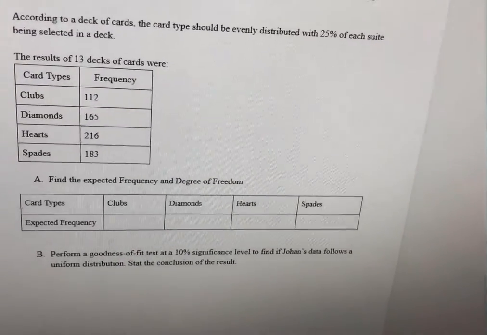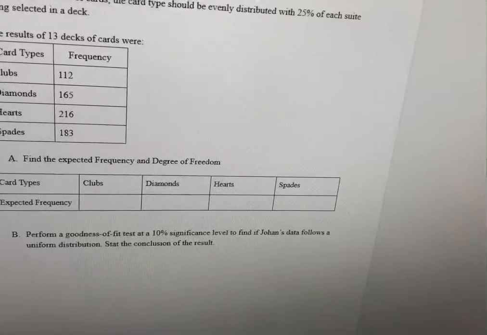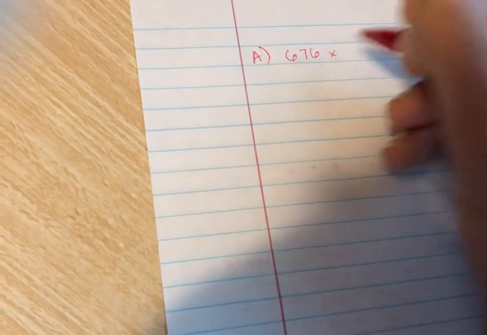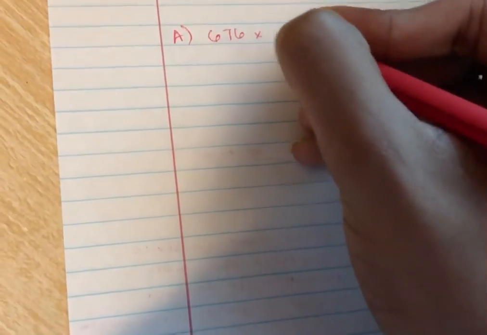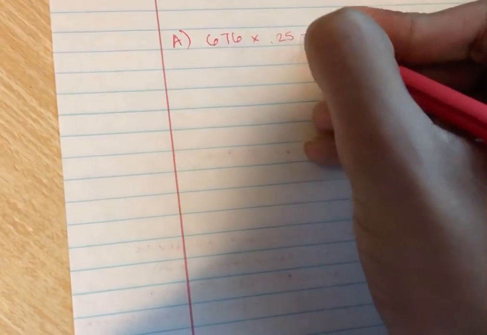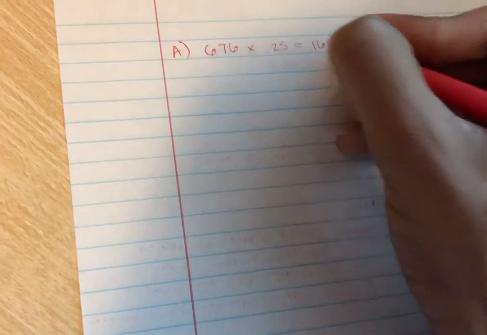And A asks us to find the expected frequency and the degree of freedom. So what you would do, just look right here, what you would do for A, to find the expected frequency is take the number of cards, which was 676, times the probability, which was 25%, which in decimal form would be 0.25, which would equal 169.